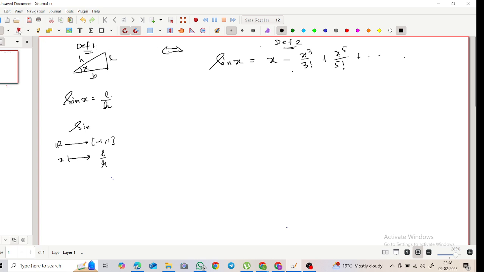So can you reach from definition 2 to definition 1? If I give you sin x as this, can you show me that if I have a triangle with this angle being x, then height by length by hypotenuse will actually be like this?